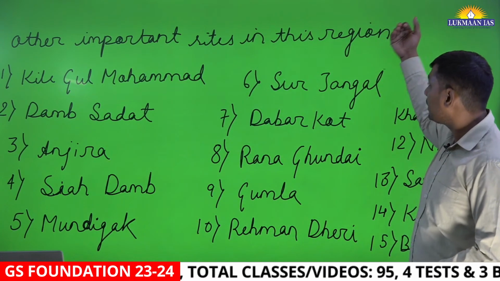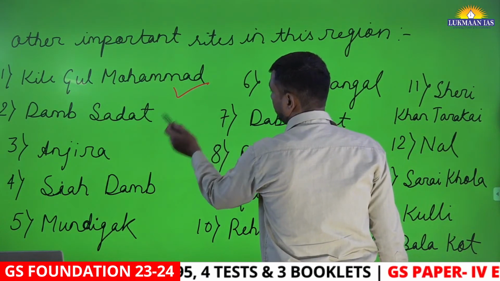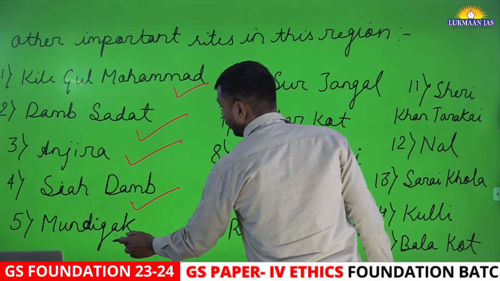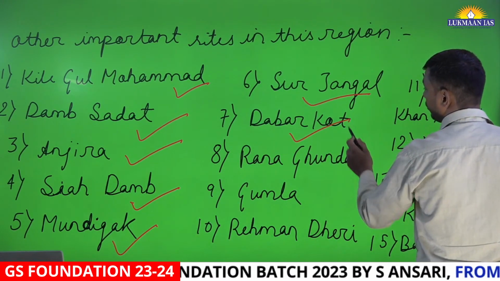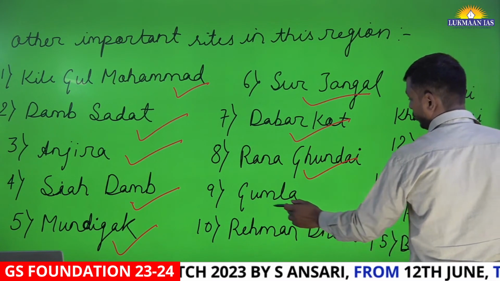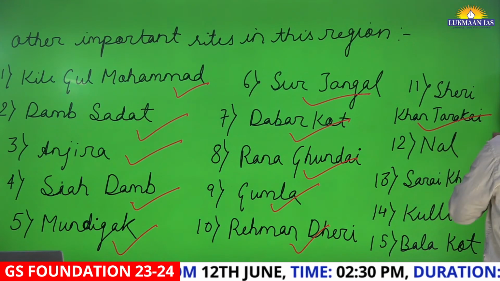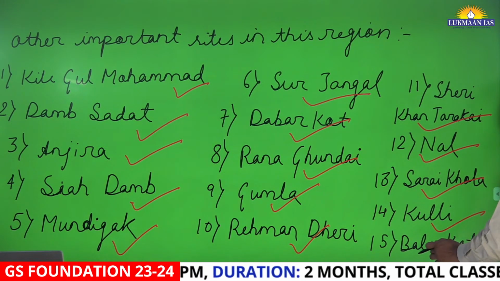Some of the names of the important sites in this region are Kile Gul Muhammad, Dam Sadat, Anjira, Siyah Dam, Munda Geek, Sur Jangal, Dabar Kot, Rana Gundai, Gumla, Rahman Deri, Sehri Khan Tarkai, Nal, Sarai Khola, Kulli and Balakot.